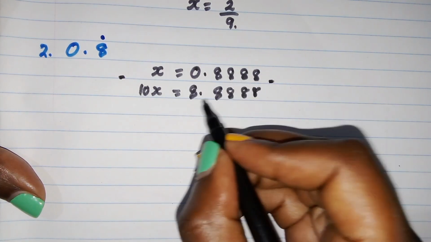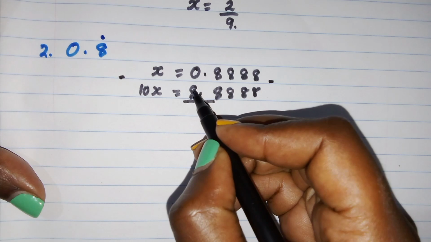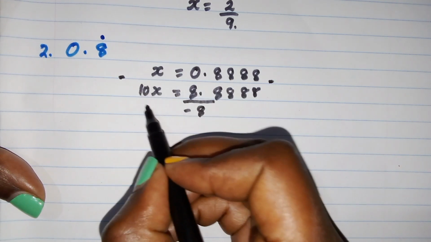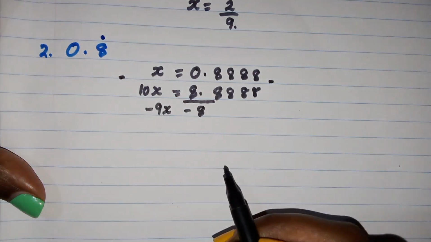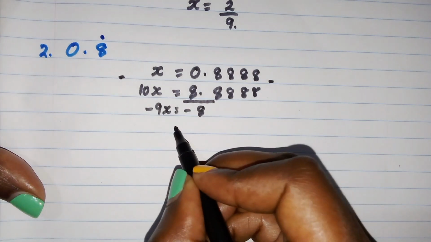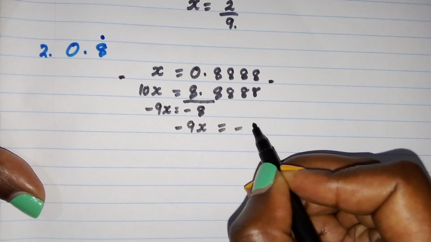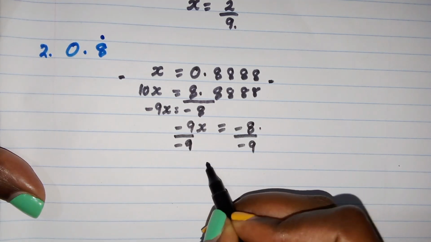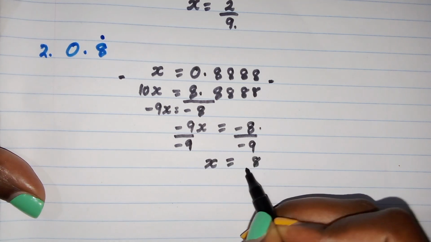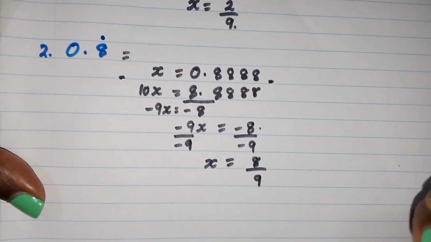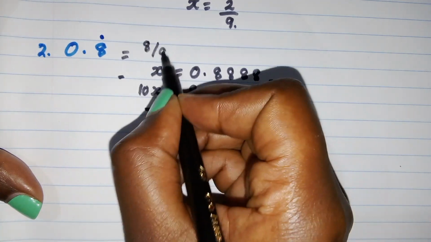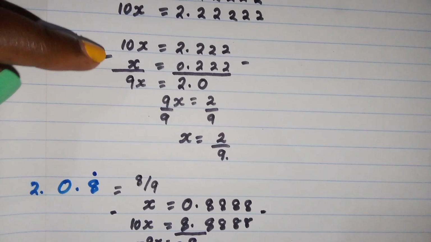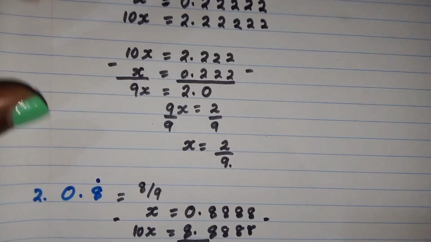Here we'll get 0, and 0 minus 8 is negative 8. x minus 10x is negative 9x, so negative 9x equals negative 8. Divide both sides by negative 9, therefore x equals 8 over 9. So 0.8 recurring as a fraction is 8 over 9. You can subtract like this, or you can decide to swap them, whichever. It will give you the same answer.